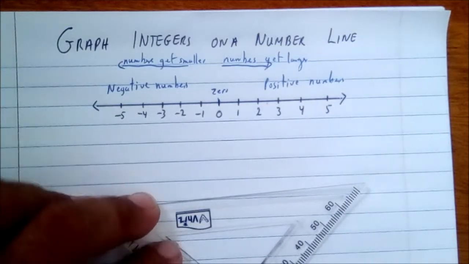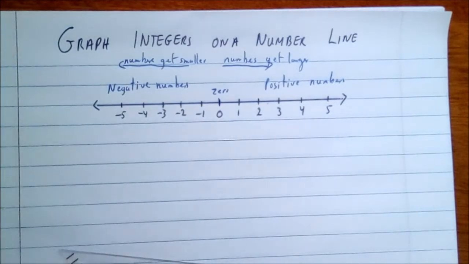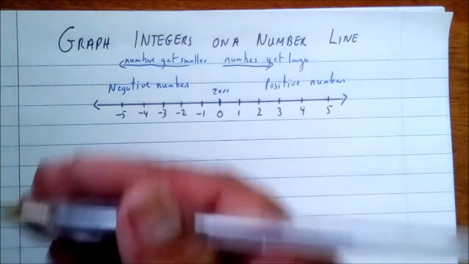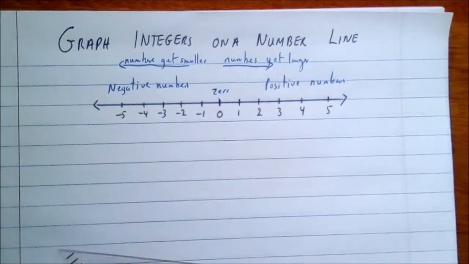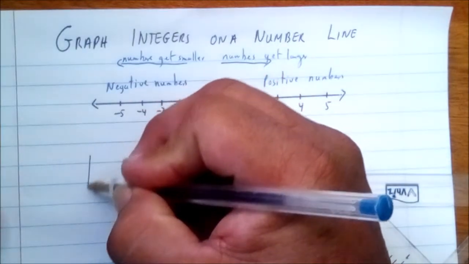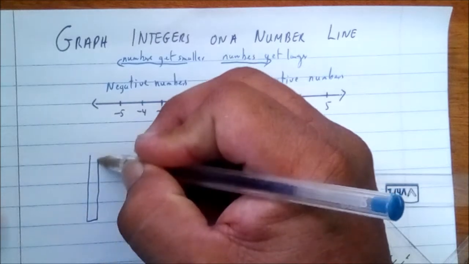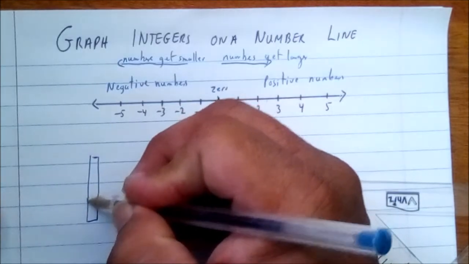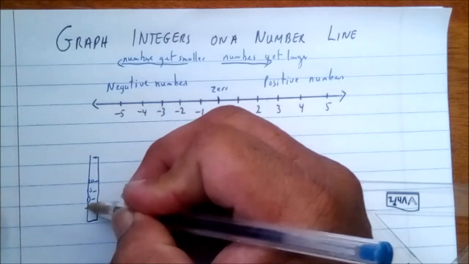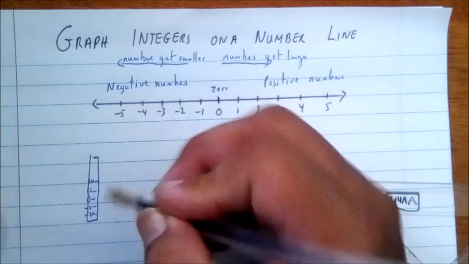Now, we have seen thermometers before, and you notice that thermometers have degrees, some numbers below 0 and some numbers above 0. Those are the ones where we start to see positive and negative values. So we may have a thermometer like this, with 0, 10, 20, and here we see -10, -20.